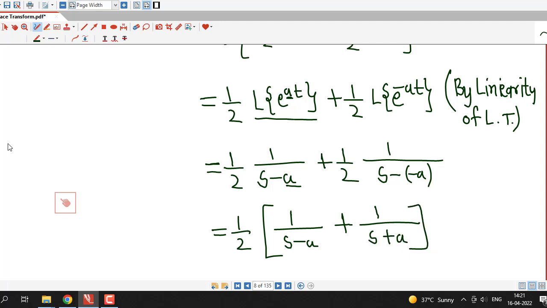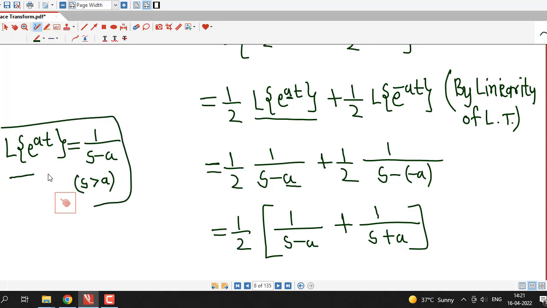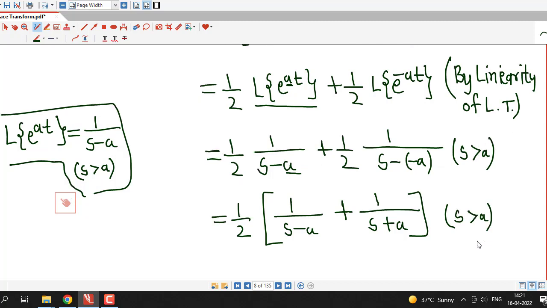And we know that whenever we are writing Laplace transform of e raised to at equal to 1 over s minus a, we have shown in earlier lectures that this Laplace transform exists whenever value of s is greater than a. So here we mention that s is greater than a. This is valid if s is greater than a.